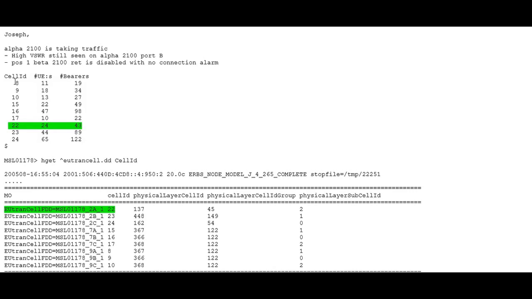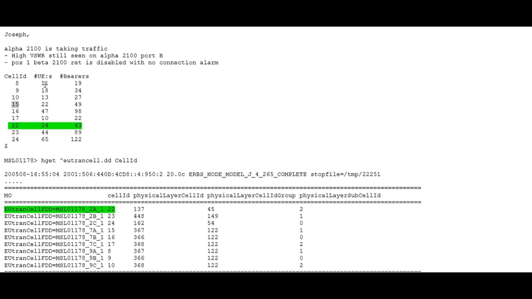So we see cell ID. If you watch the basic health check videos, you'll see that the cell ID is just an arbitrary number that's given to that particular node on the cell. So this is 22 is 2100 alpha, 23 is beta, 24 is gamma, and so on. 8, 9, and 10 is probably 700, and 15, 16, 17 is probably 1900.